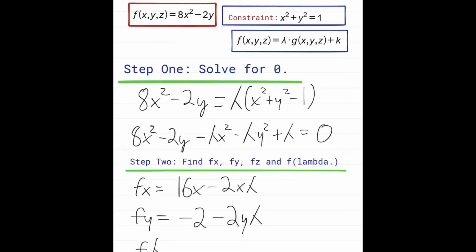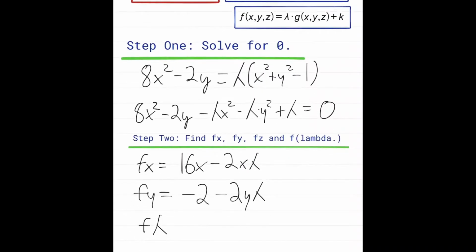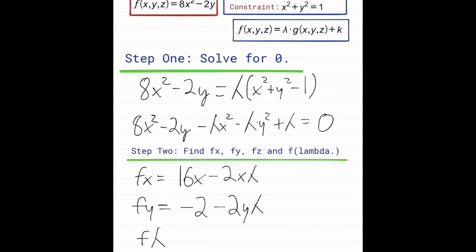Now we take the partial with respect to lambda. Everywhere we see lambda, we take the derivative with respect to lambda. So it's minus x squared minus y squared plus 1, since the derivative of lambda with respect to lambda is just 1.